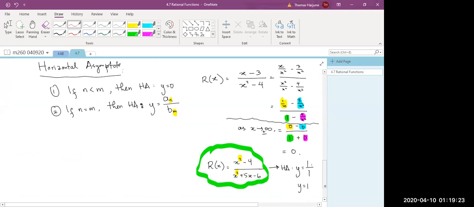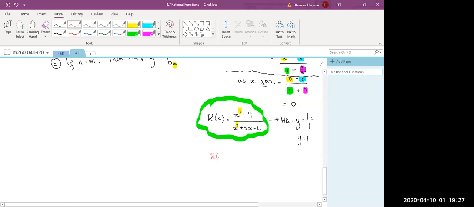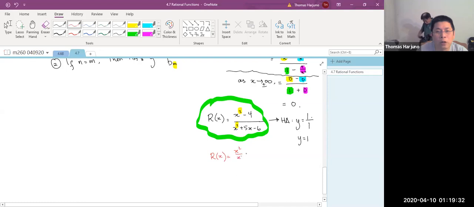If I use the same calculus method, I will divide by the highest exponent. So R(x) equals x squared over x squared minus 4 over x squared, over x squared over x squared plus 5x over x squared minus 6 over x squared.